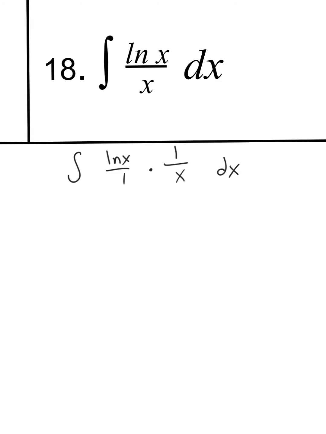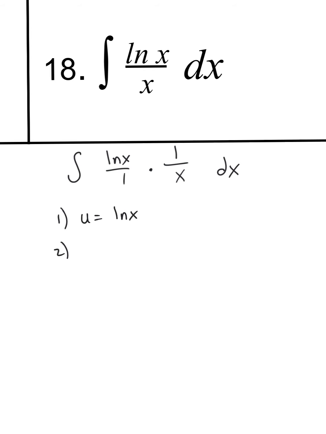That's not going to help me replace ln x. This is a case where you're going to have to make u the numerator, because if I take the derivative of ln x, I get 1 over x. So this is one case where the denominator won't work. We have to use the numerator. So u is going to be ln x in this case.